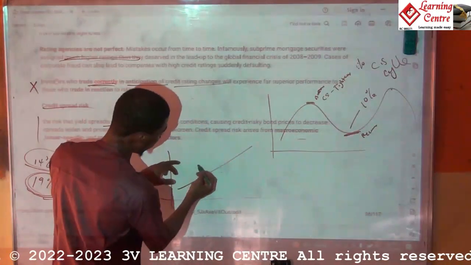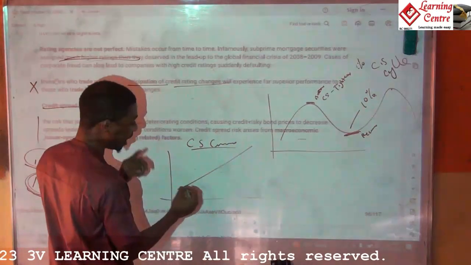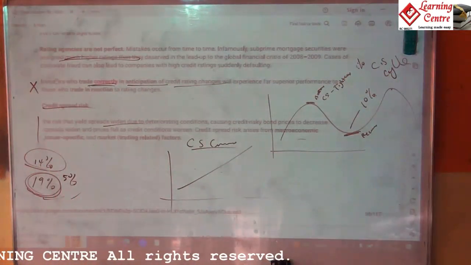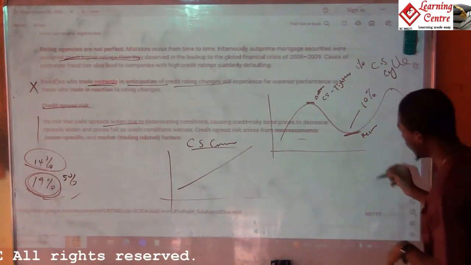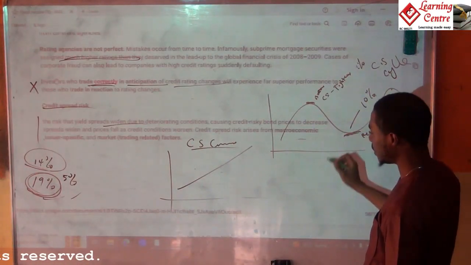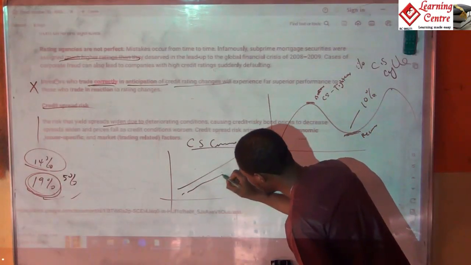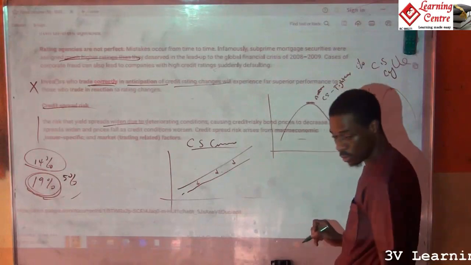Remember, this curve we are talking about is the credit spread curve, which is the premium people are asking for giving money to corporate issuers. If the credit spread is tightening, you see the credit curve shifting downwards, just like our spot curve.